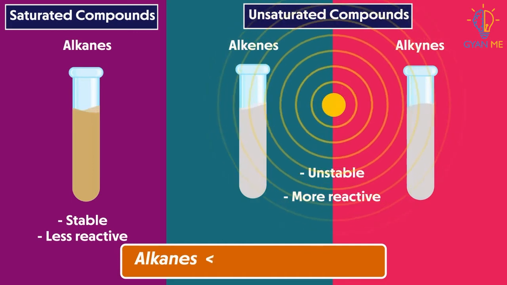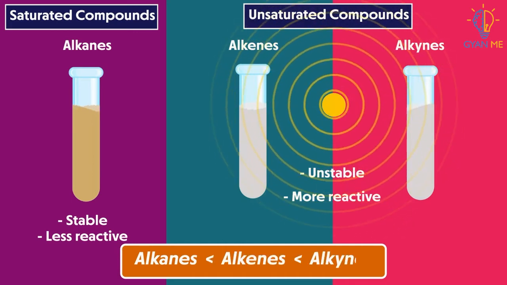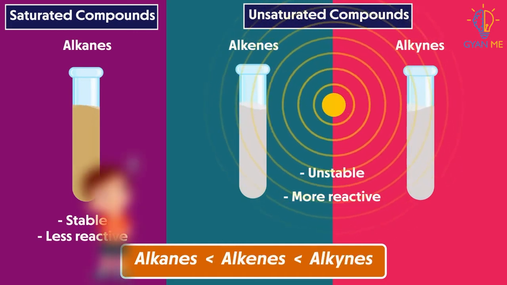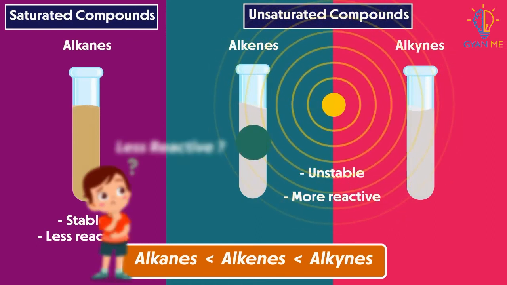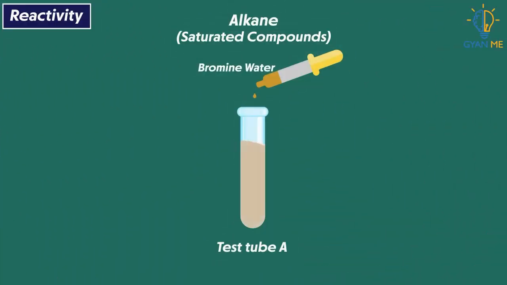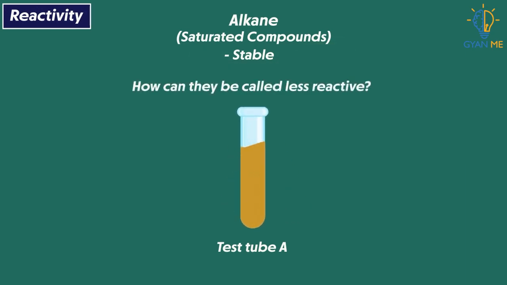Alkanes are less reactive than alkenes and alkynes. Now you may be wondering, less reactive? We just said that alkanes are saturated and thus they are stable and can no longer make new bonds. So how can they be called less reactive? They should be inert, right? But sadly, that's not the case.